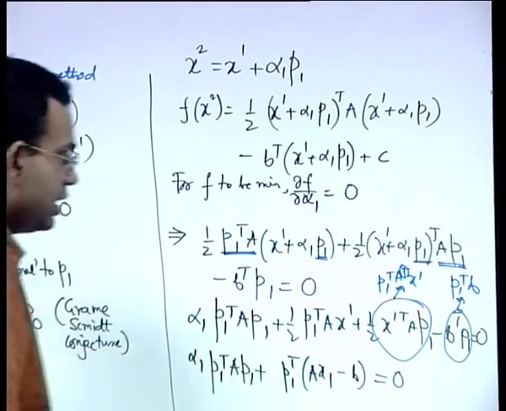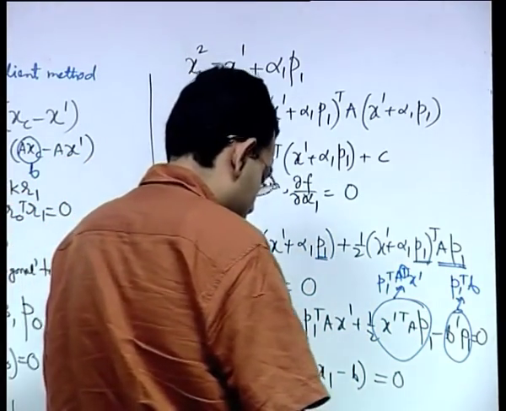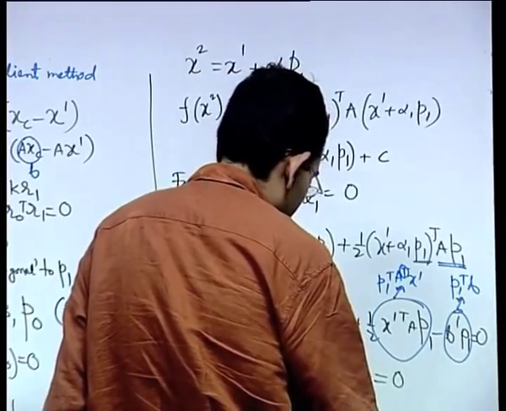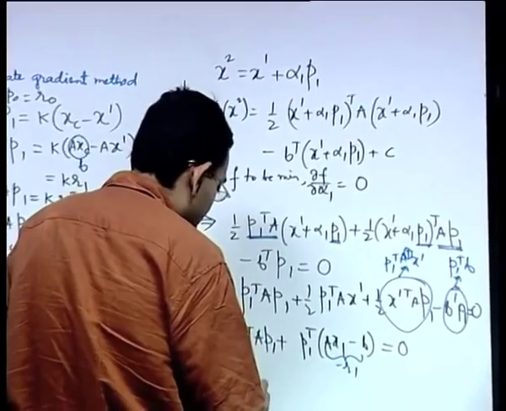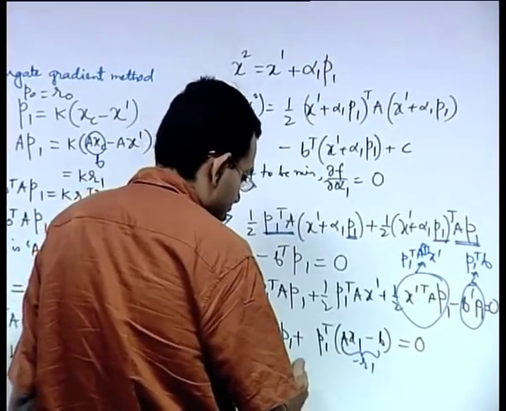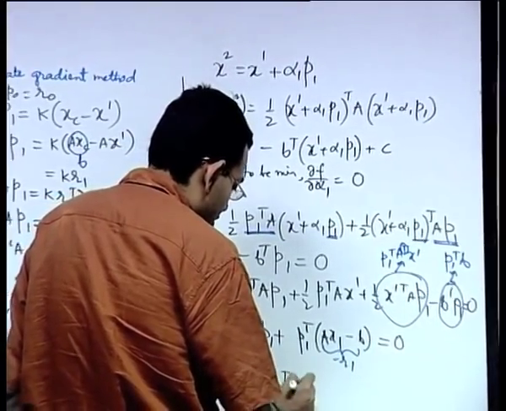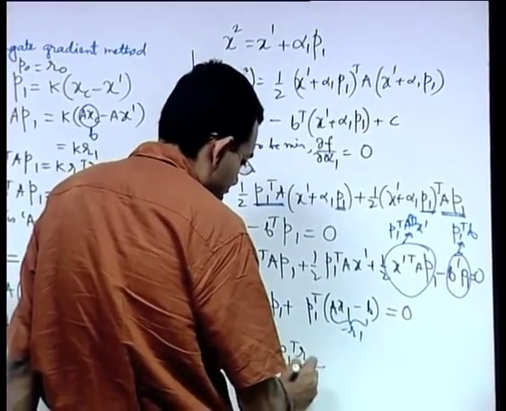AX1 minus B is minus R1. So the formula for alpha 1 that we get here is P1 transpose R1 by P1 transpose AP1.